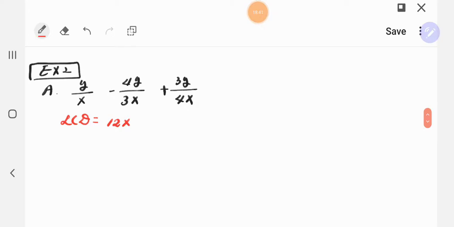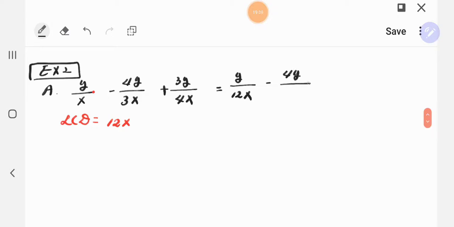So let's find the missing factors from the denominator. x times what becomes 12x? Let me rewrite this so as not to be confused.